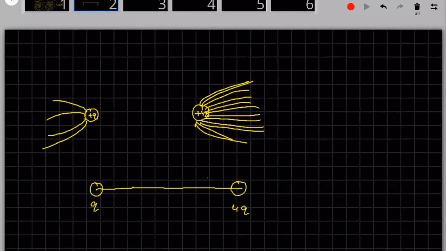So here there will be some kind of a neutral point, but then the lines will go this way, and this way, and this way.